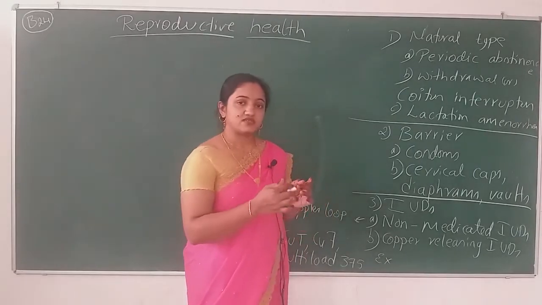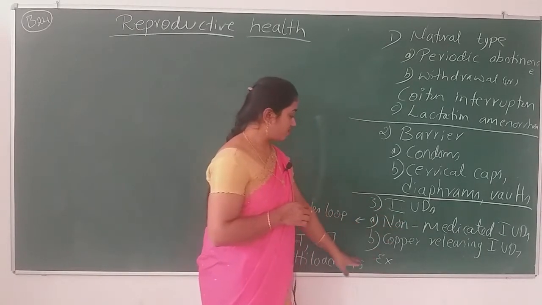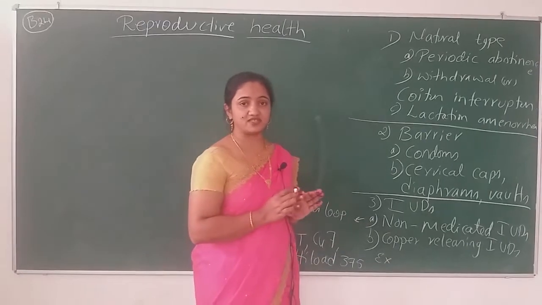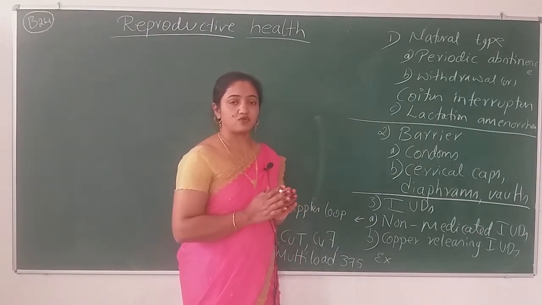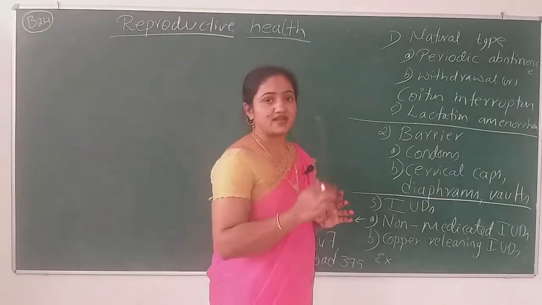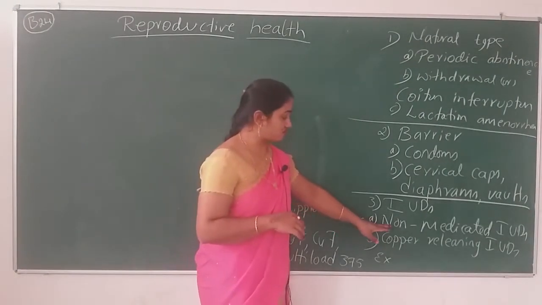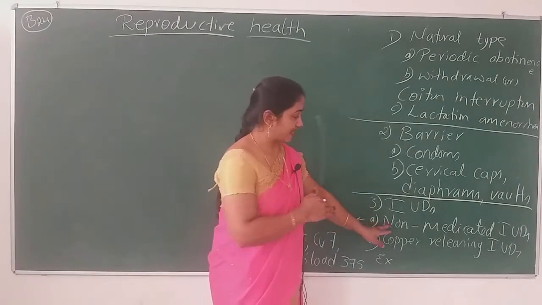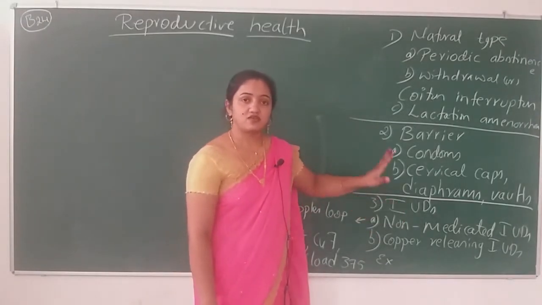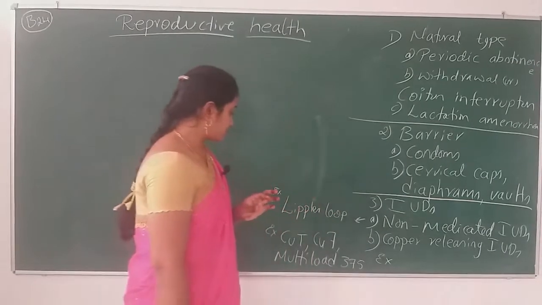In some cases fertilization does occur, when the copper T is not fitted properly inside the uterus or is not functioning properly. Before implanting or inserting any of these, one should consult a qualified doctor.